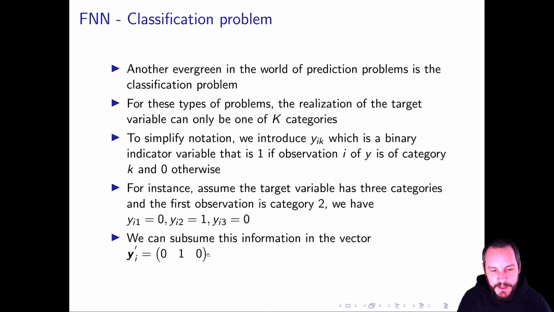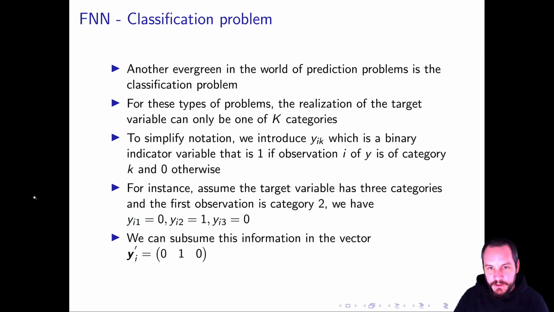Now each value is set to 0, except for the category to which the target variable actually belongs. So assume the actual category is the second category, then the target vector would look like this here. It's 0 because it is not category 1, it is 1 because it is category 2, and it is again 0 because it is not category 3.